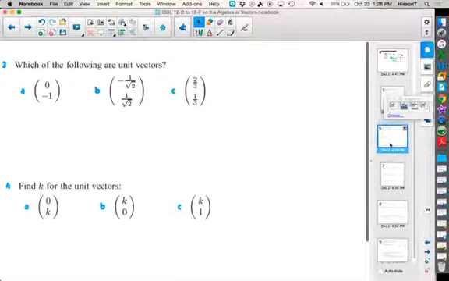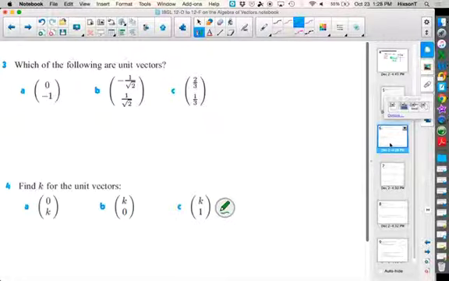They're the horizontal and vertical unit vectors, but the general term unit vector refers to a vector whose magnitude equals 1.